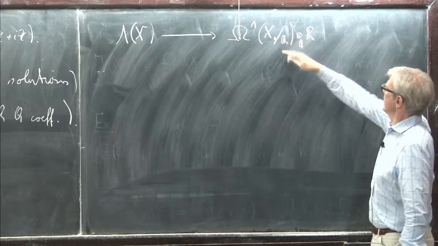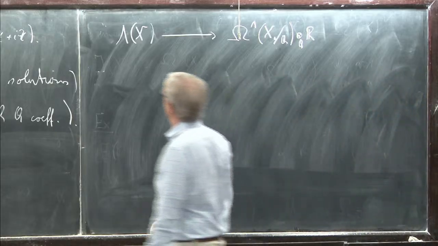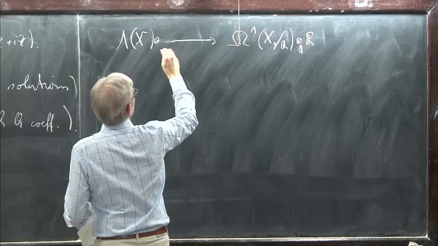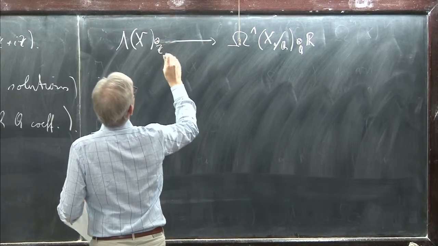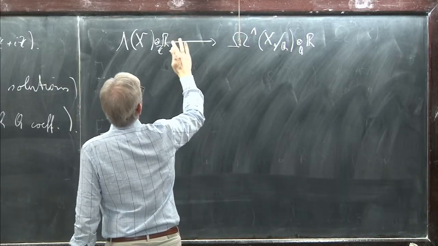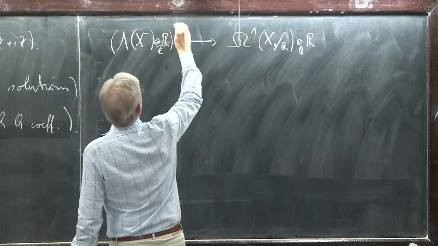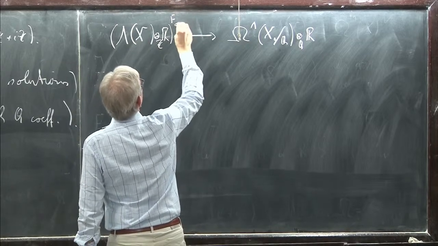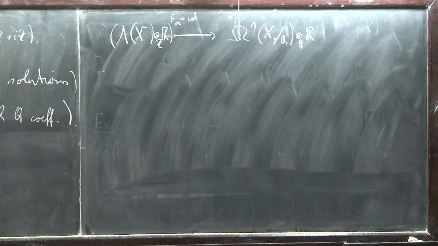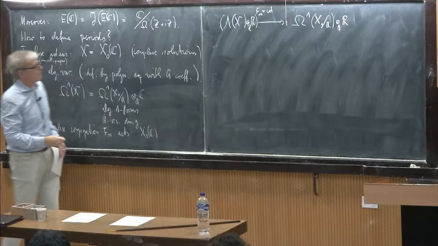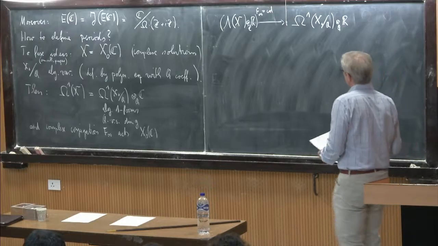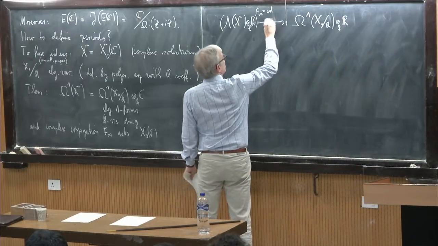Fix a basis here, and then you get a real vector space here. And here I do the following. I consider this also as a real vector space. This gives everything. But then I consider the fixed points under complex conjugation here. This acts also on this lattice. It acts on everything here, and this map turns out to be an isomorphism.